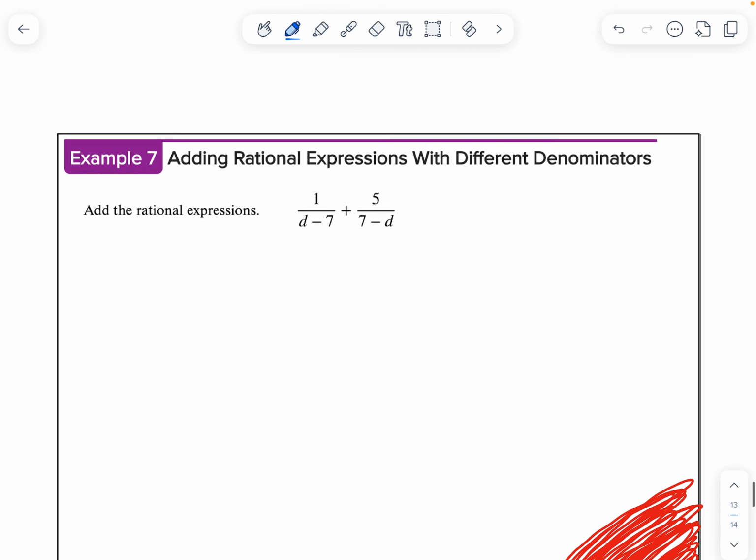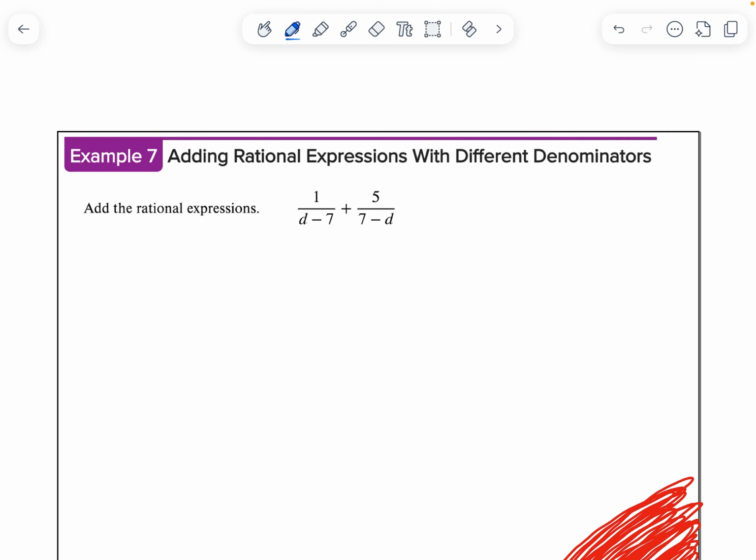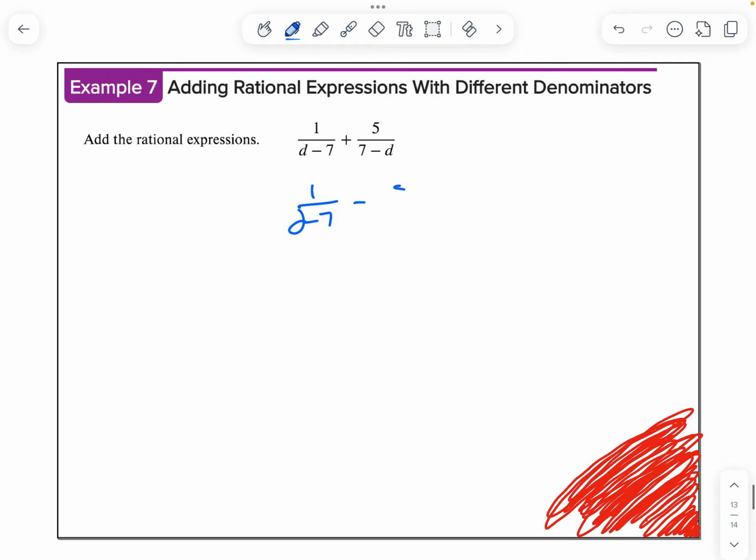And the last question here, this is the trick that we keep coming back to, where it seems like the bottoms are almost the same, and without having to do a whole lot of work, we could do an LCD, do d minus 7 and 7 minus d, or we could realize that this is the same thing as taking a negative 1 out.